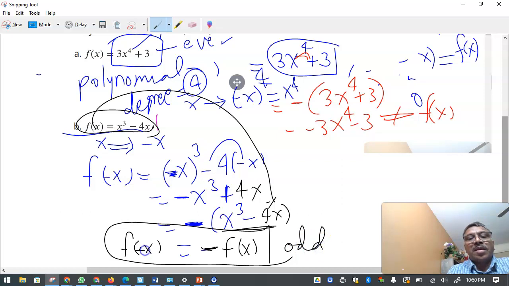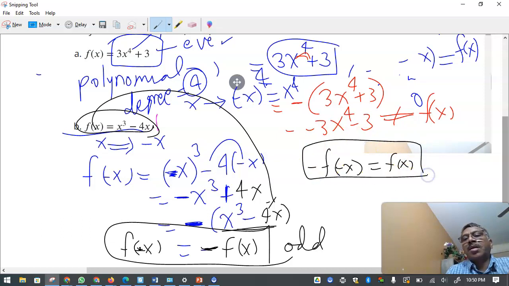So f of minus x is minus f of x. This is the definition for odd, and it is the same as f of minus x is the same as minus f of x. Both are one and the same thing.